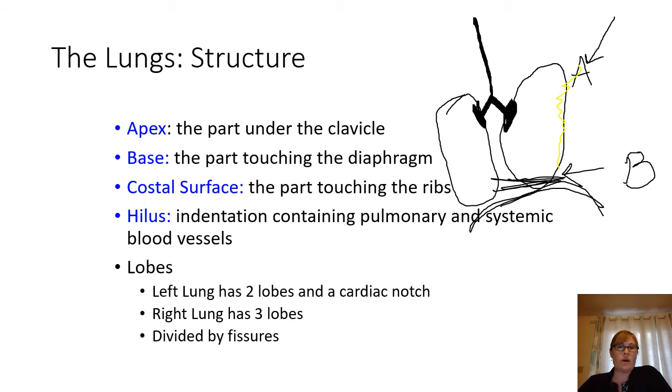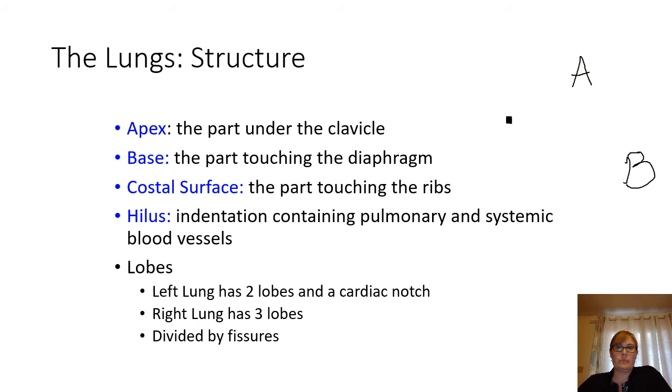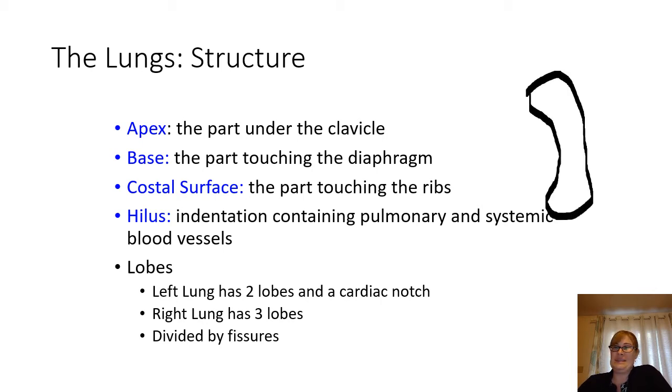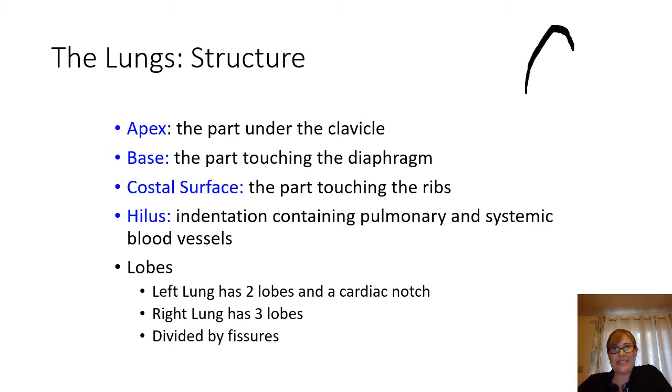So then try to recall that the left lung has two lobes. I'm sorry, let me erase that. Okay, so if this is our lung, we do have a little notch built in. It's not that dramatic. It's more like this.